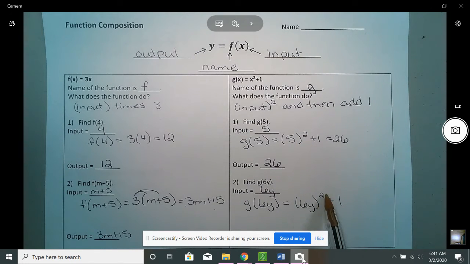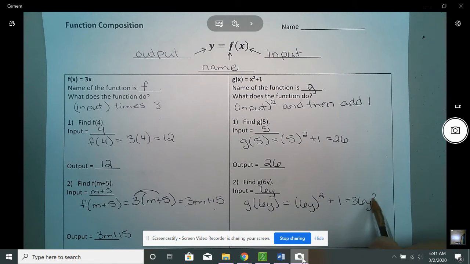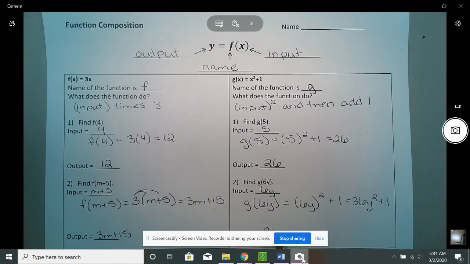So you have to square 6 and square y. 6 squared is 36. Y squared is y squared. And then we add 1. This is a simplified function. These are not like terms, so we can't add them together. So the output is 36y squared plus 1.